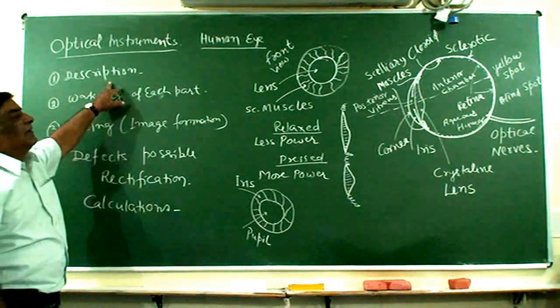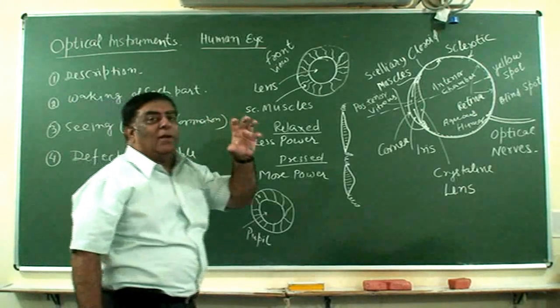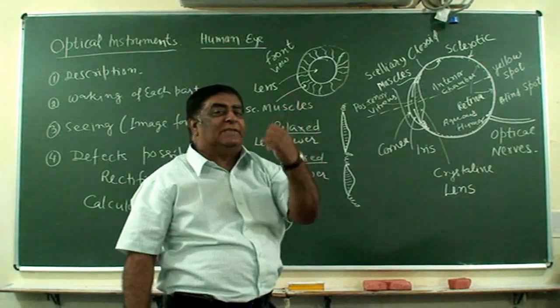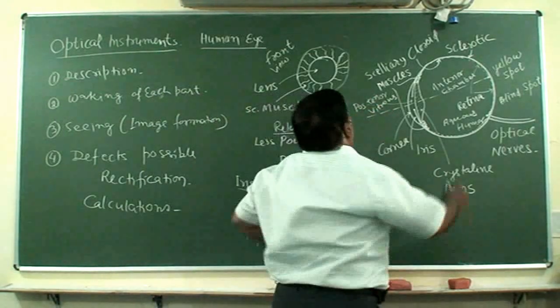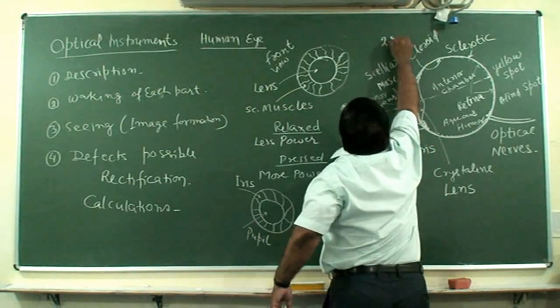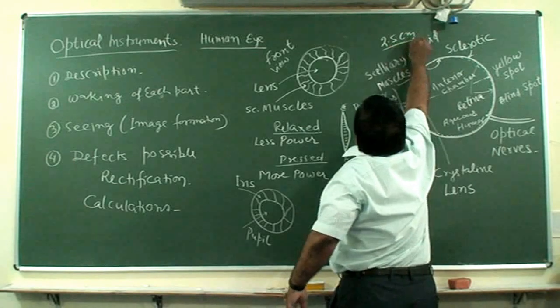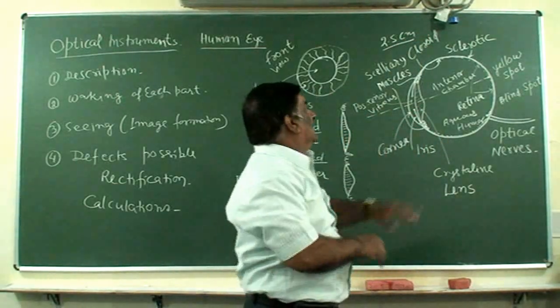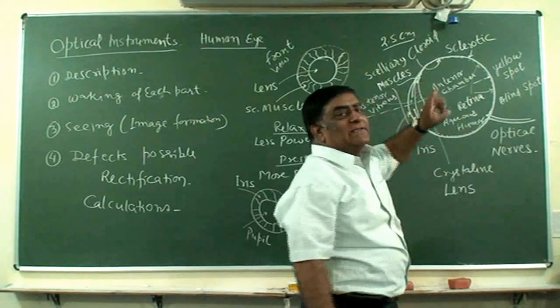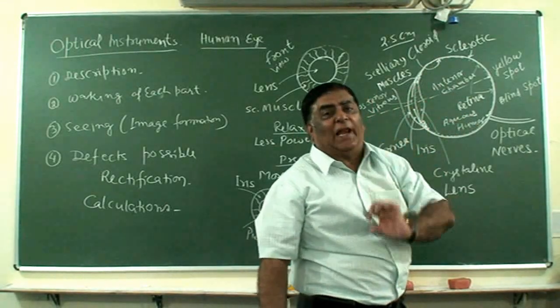So first we will come to the description. The eyeball, what we see from outside, has a ball shape, and this ball has a 2.5 centimeter diameter. This ball is made of a hard shell.